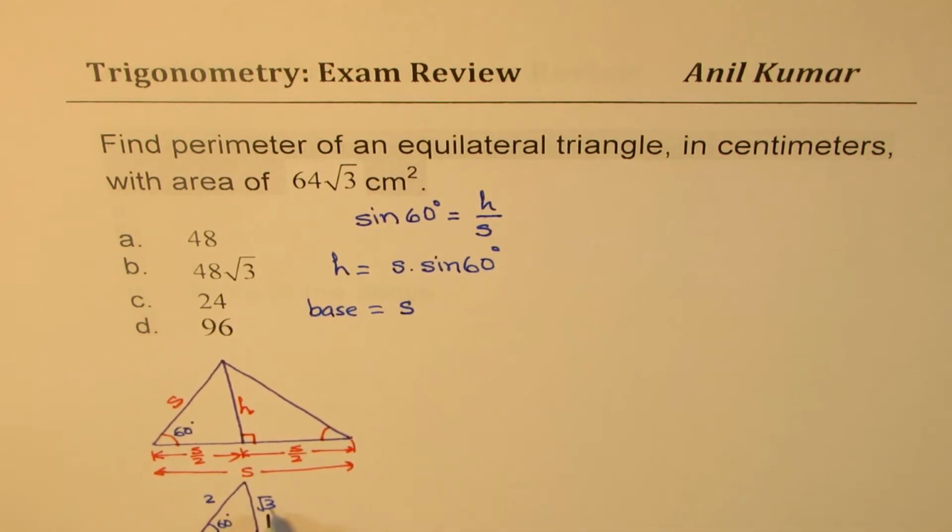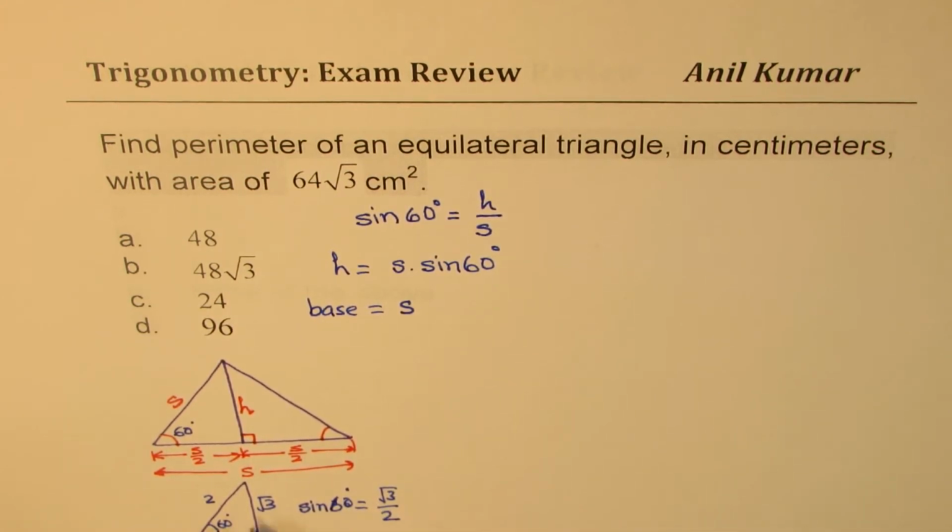That is to say, height is square root 3 times the base. Or we know that sine of 60 degrees is indeed equal to square root 3 over 2.